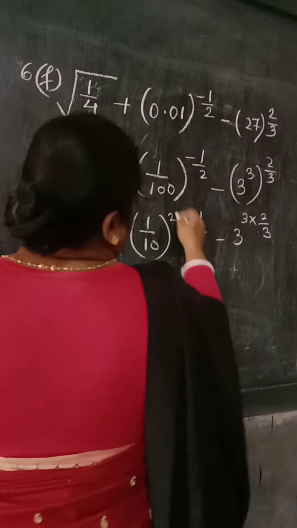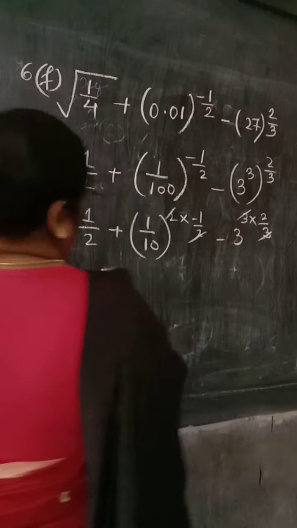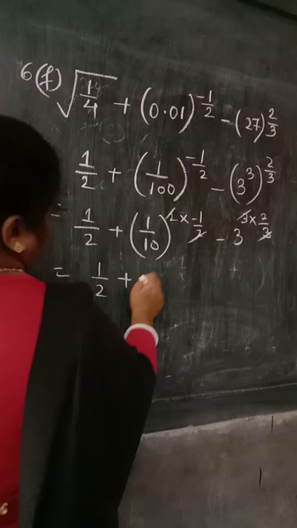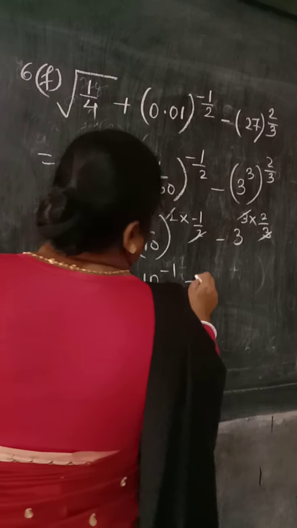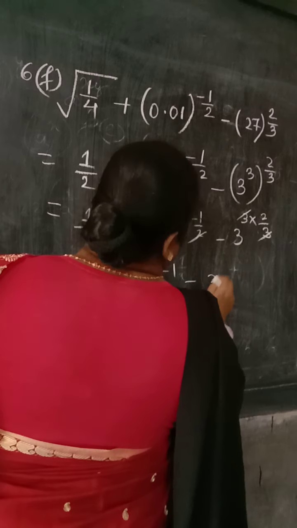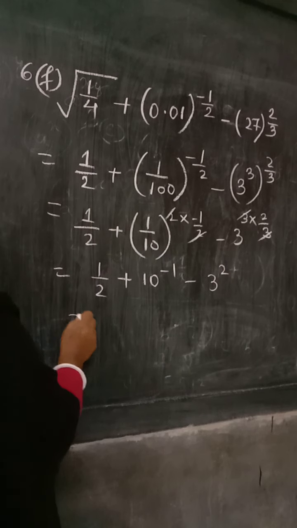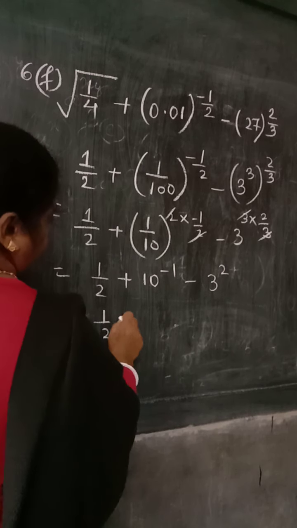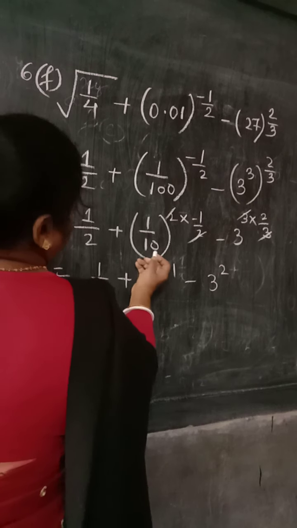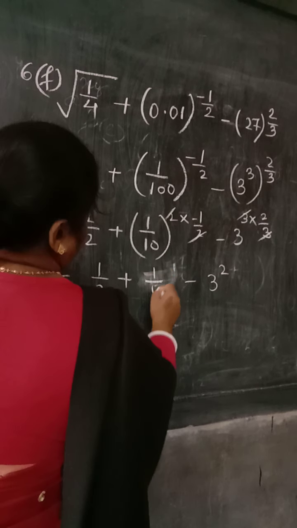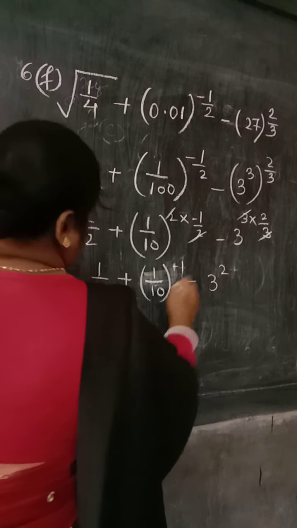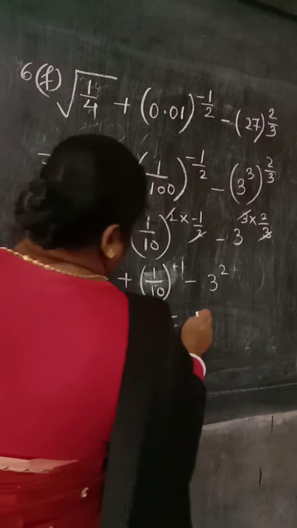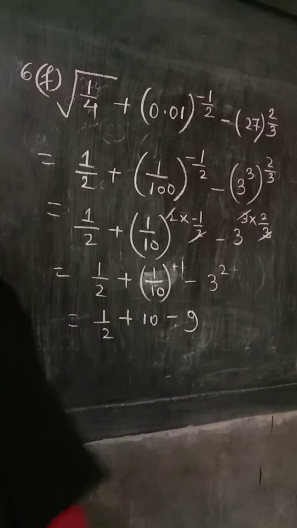Now this is cancelled. This is cancelled. So I am left with 1 by 2 plus 10 to the power minus 1 minus 3 to the power 2. Or it gives you 1 by 2, sorry, this is 1 by 10 to the power minus 1, plus 10 minus 9.